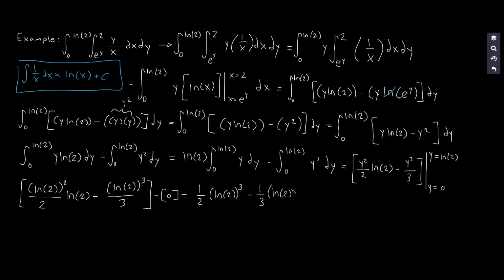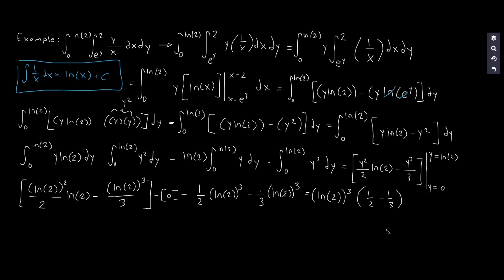Can we factor out a natural logarithm of 2 cubed for both of these, and then see how those fractions interact with each other? I'm going to take out the natural logarithm of 2 cubed and multiply that to 1 over 2 minus 1/3.